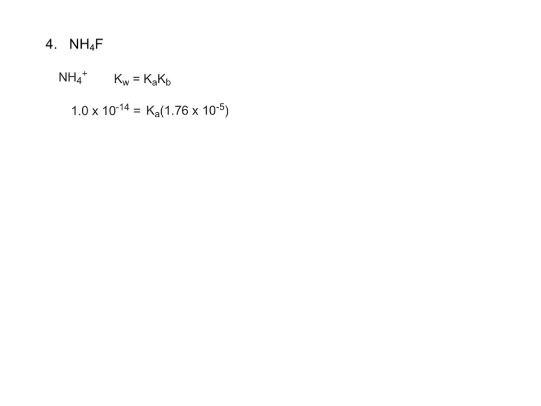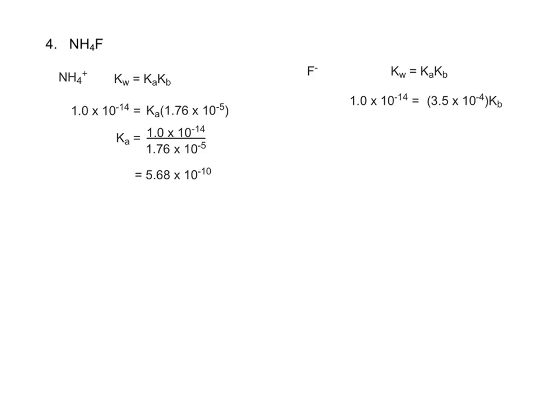So we'll get Ka is equal to 1.0 times 10 to the minus 14th divided by 1.76 times 10 to the minus 5th, and that equals 5.68 times 10 to the minus 10th. All right, so for the Kb for F-, we'll have to do the same process but go in the other way. So Kb is going to equal Kw over Ka for HF, and so that's equal to 1 times 10 to the minus 14th divided by 3.5 times 10 to the minus 4th.